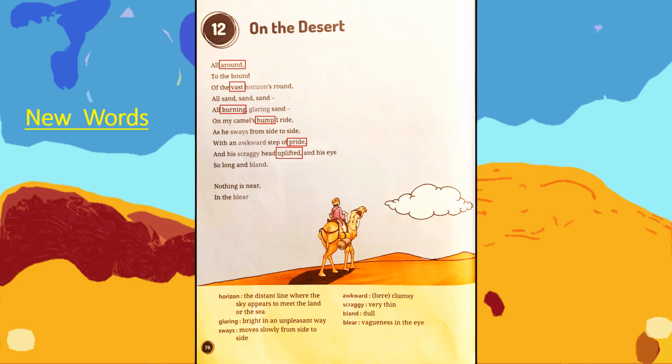On the first side of the page, you had 6 new words: around, vast, burning, hump, pride, and uplifted.